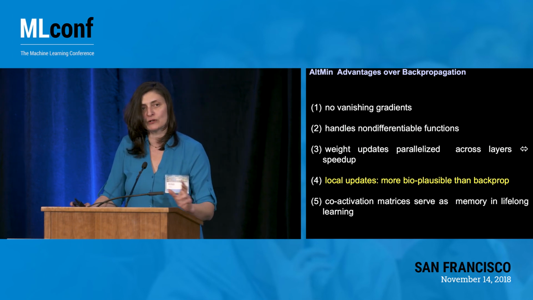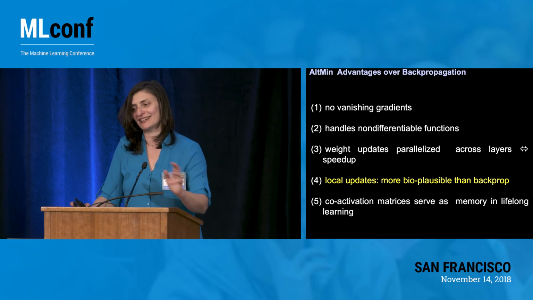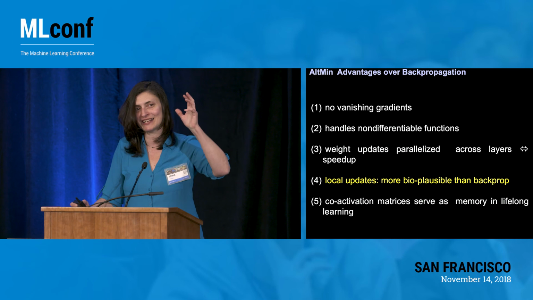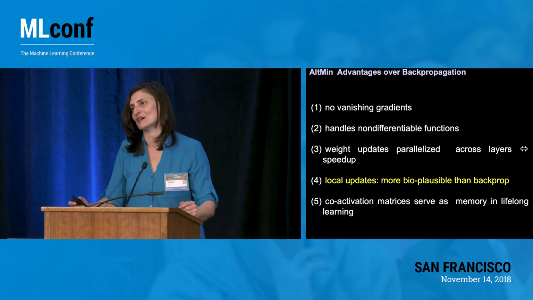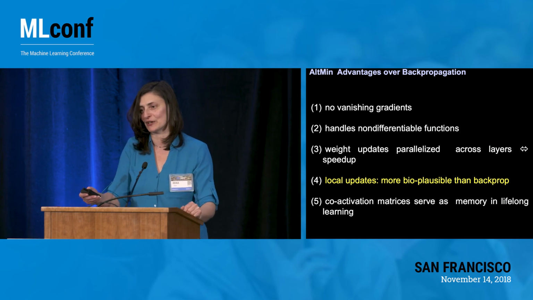It's somewhat more biologically plausible for several reasons that I'm not going to mention now, and the specific way of doing this involves the same type of covariance and cross-covariance matrices, quote-unquote memory, that we used and piggybacked on in the sparse coding and dictionary learning.